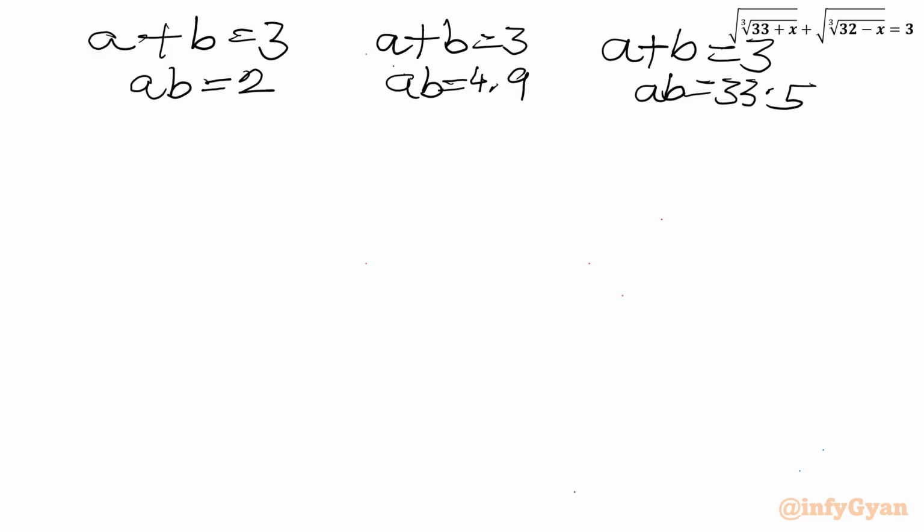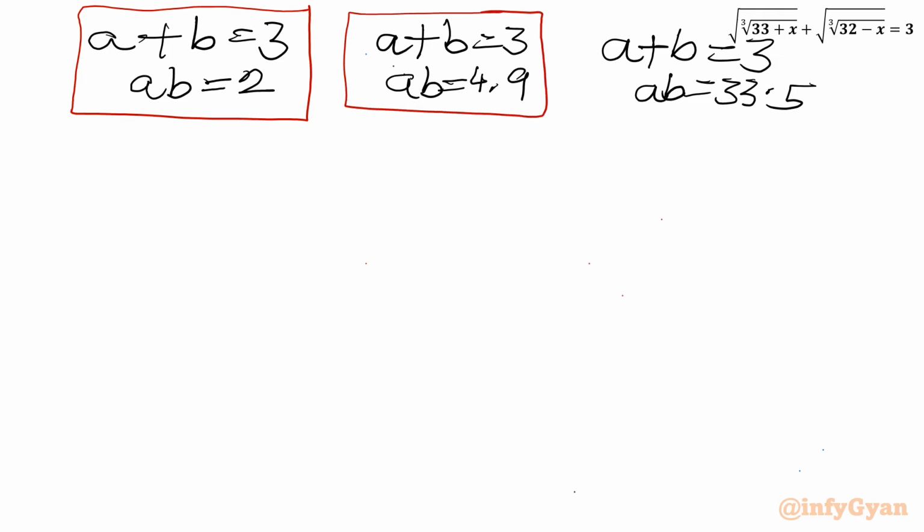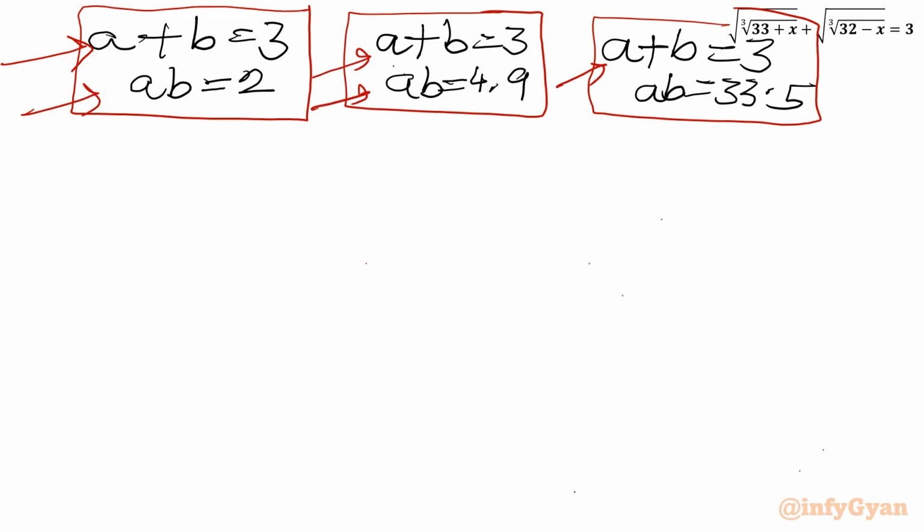Now we can think about 3 quadratic equations whose roots are A and B, one for each system. For each system we have sum of roots and product of roots. We can frame 3 quadratic equations. Let me write here.